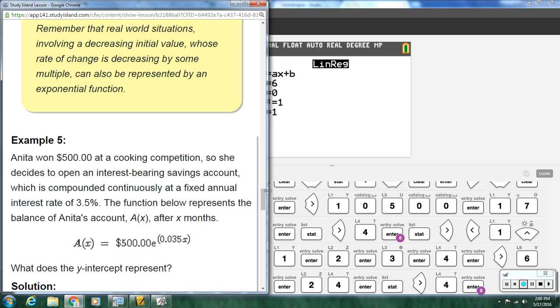Where did that 0.035 come from? That's the rate of interest. But remember, 3.5. How did it become 0.035? We divide it by 100, or move that decimal 2 places left. Alright, so what does the y-intercept represent? The y-intercept is the starting point.